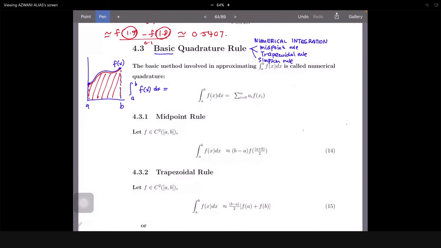Betul tak? You akan dapat area under the curve. The exact meaning of the integration. Area under the curve. Ingat tak? So tu adalah maksud integration. You akan dapat area under the curve.